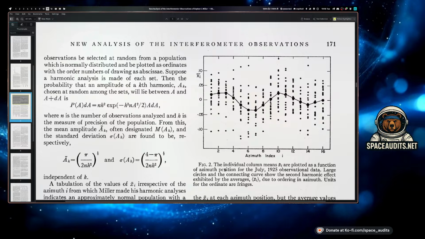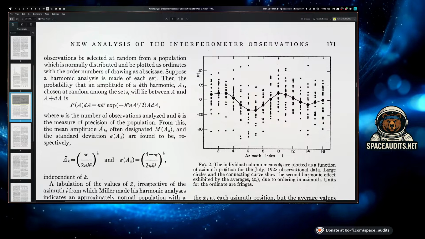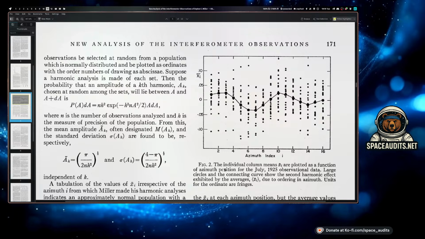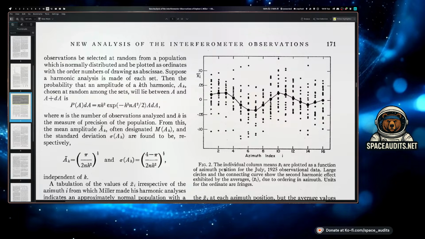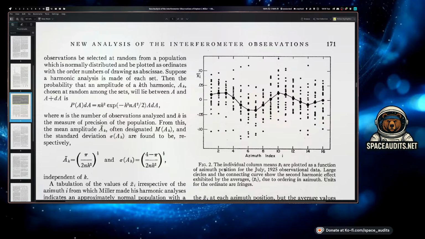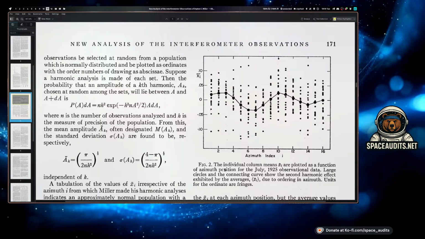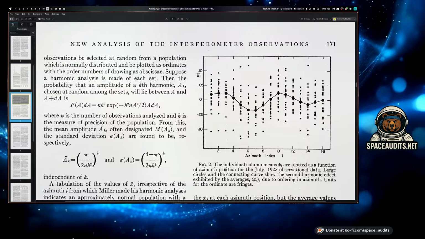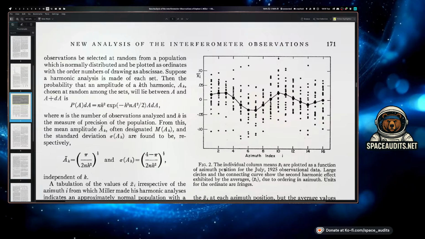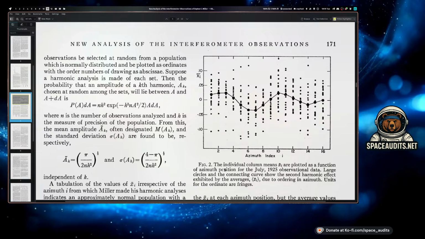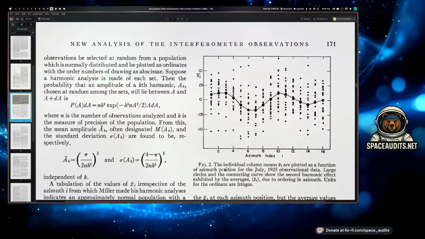So the readings that Miller would have gotten starting at north, going clockwise into the east, and then around to the south by measurement 8, and measurement 9 just past south, continuing clockwise over to the west, and then back up to the north by the time you get to 16.